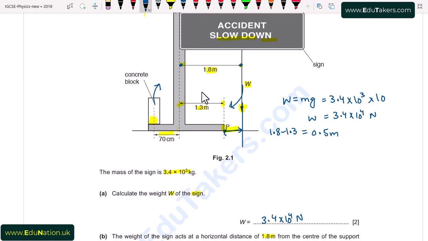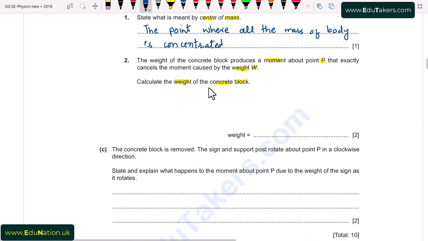I write here: anti-clockwise moment will be equal to clockwise moment.